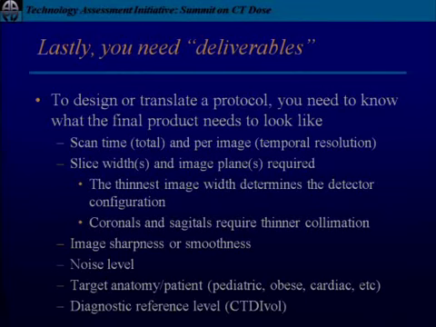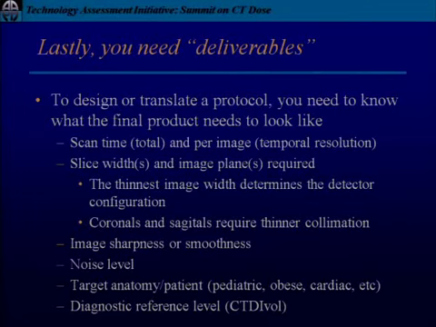And those will tell you things like what kind of rotation times and image widths I should use. But the diagnostic reference level, which should be this sort of 75th percentile of the distribution of commonly used exams.